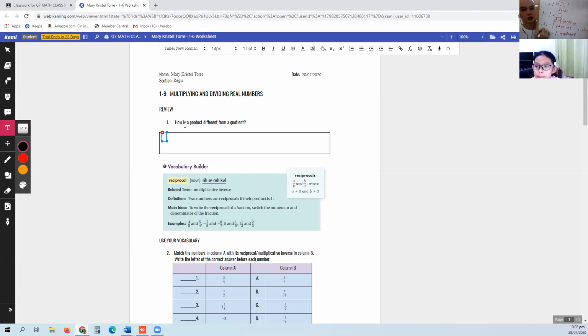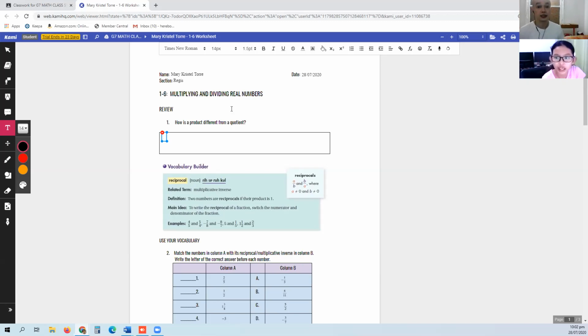Quotient. It's a quotient. Yes, very good. Now, how is a product different from a quotient? You say a product, can you type a product?